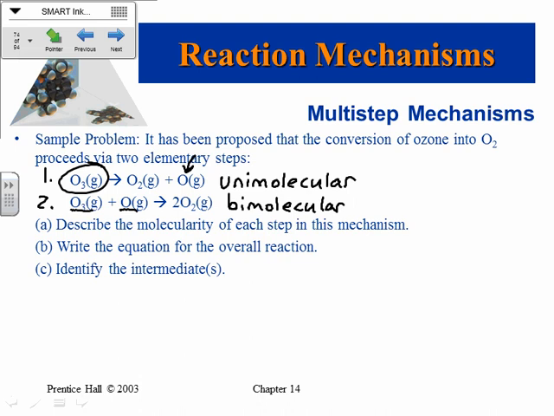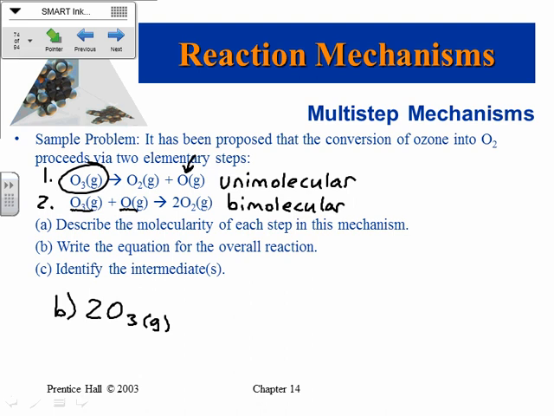Okay. So what we need to do is basically add these together and cancel out anything that doesn't appear in the overall chemical reaction. So we've got 2 ozone molecules on this side. I'm just going to write B down here: 2O3. These are gas molecules. Anything else on the reactant side in our final equation?